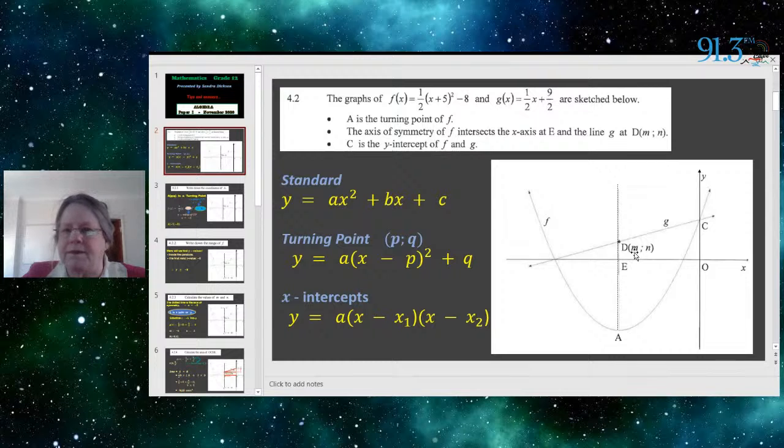The x-intercept m here at D would be the same x-intercept here at E. Then the next hint is that C is the y-intercept, because we know what to do if we see the word y-intercept. So C is the y-intercept of both f and g, and we find C over there. I will refer to that in general as a cutting point, but it's also a y-intercept at the same time.